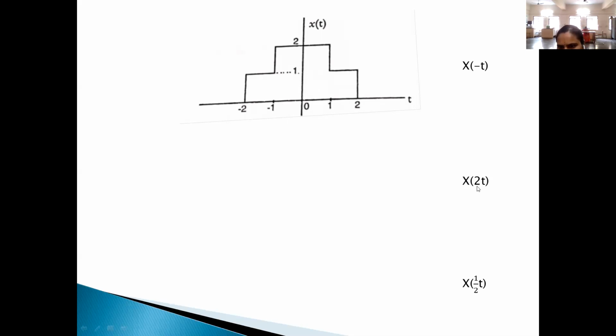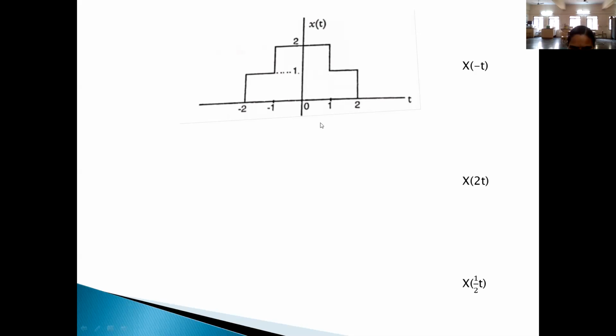The scaling factor a is 2, and you take its inverse, that is 1 by 2. You multiply that 1 by 2 with each time value: -2 into 1 by 2 gives -1, minus 1 into 1 by 2 gives minus 1 by 2, 1 into 1 by 2 is 1 by 2, and 2 into 1 by 2 means 1.